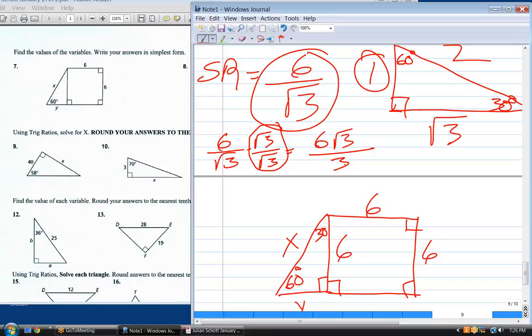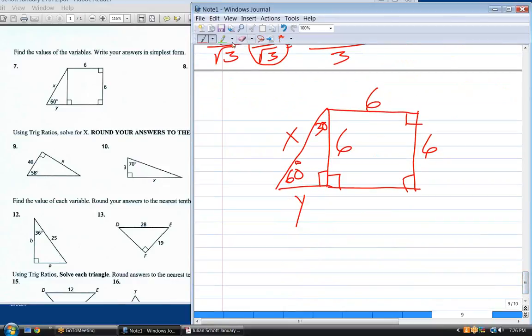Remember that root x times root x is x. Root 3 times root 3 is root 9, which is 3. Now simplify that. So, is it 2 root 3? So that's what y is. Okay. It's 2 root 3.